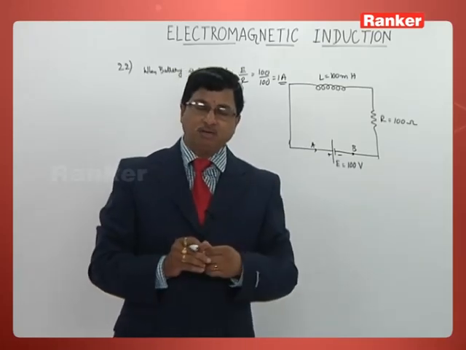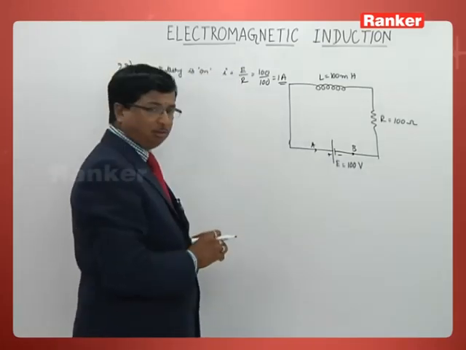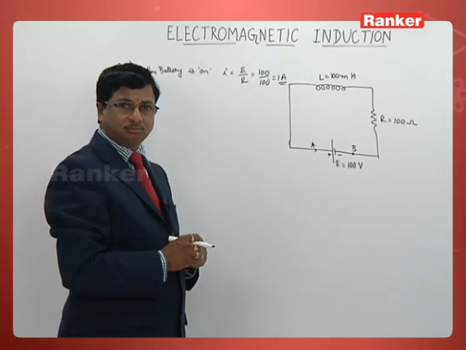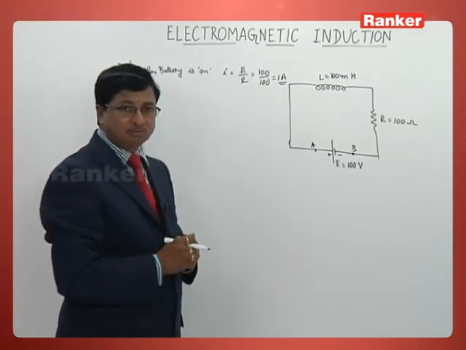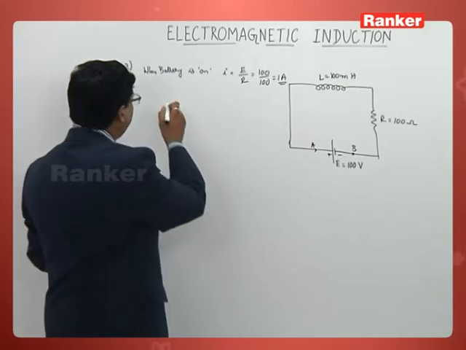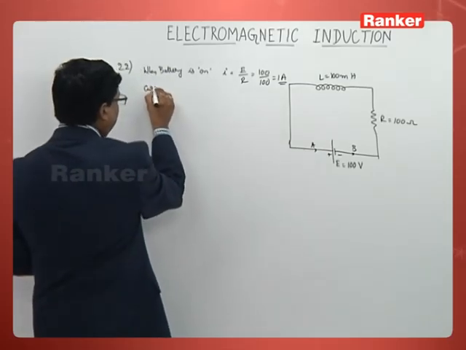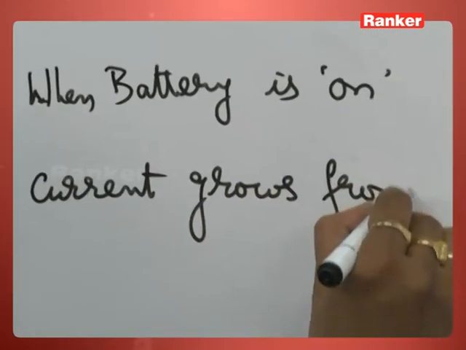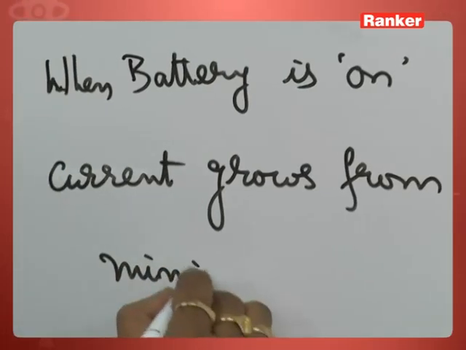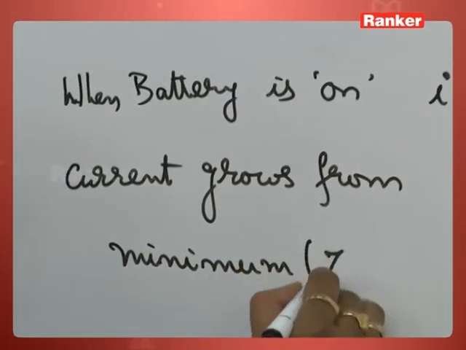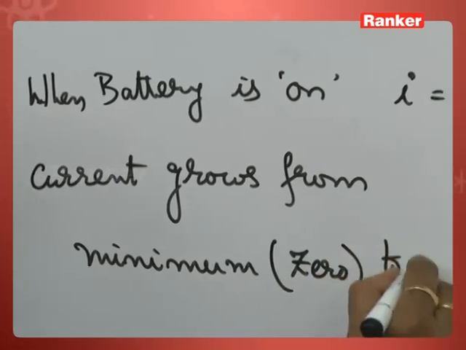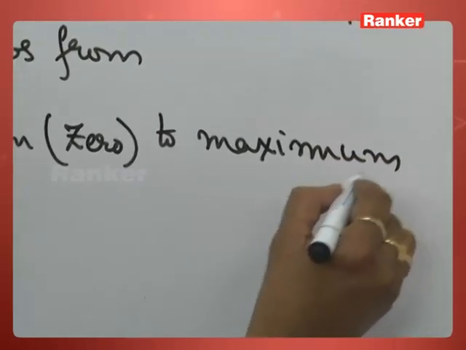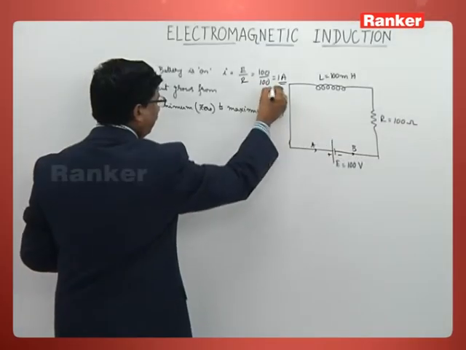That means one should understand first of all, when the battery is on, current grows from minimum to maximum. How much is its maximum value? It's 1 ampere. So when the battery is on, current grows from minimum, that is 0, to the maximum value. What is the maximum value over here? That is 1 ampere as calculated by us.